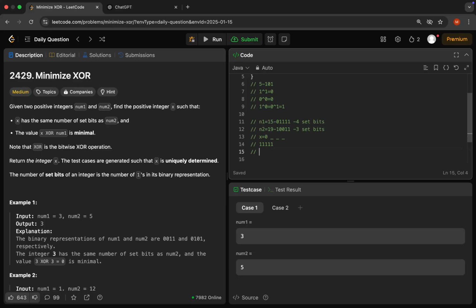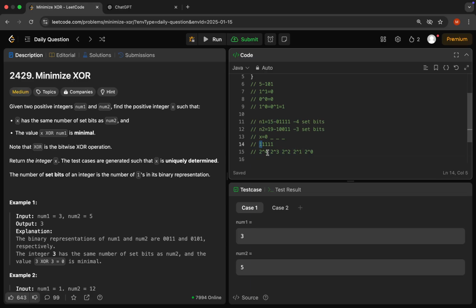It means if we represent the binary representation as 2 to the power 4, then 2 to the power 3, 2 to the power 2, 2 to the power 1 and 2 to the power 0. This is the decimal value that each binary bit is representing.